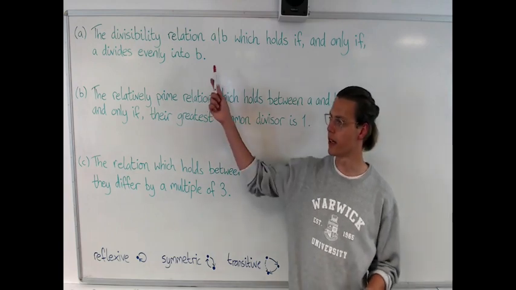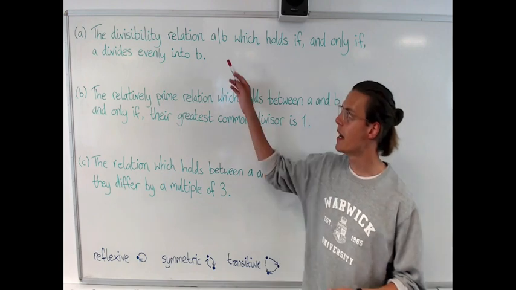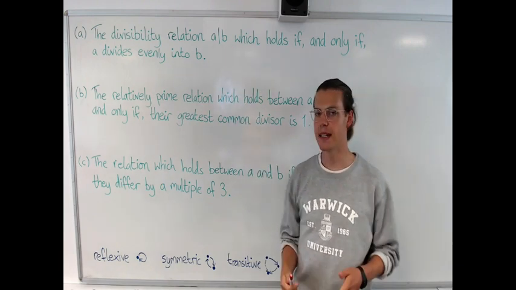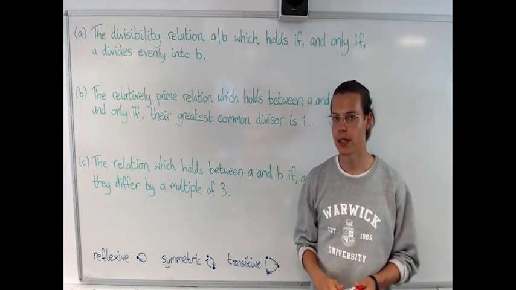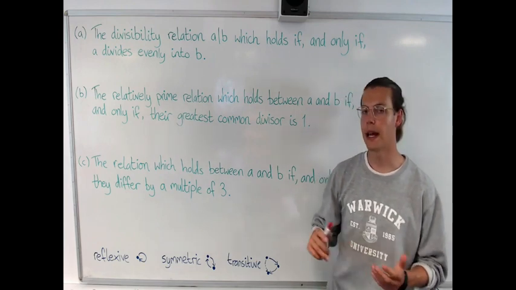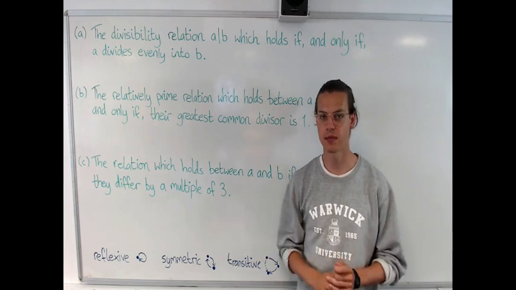Let's look at our first relation, which is the divisibility relation, where A is related to B if and only if A divides evenly into B. First of all, is this a reflexive relation? Well, any positive integer evenly divides into itself.